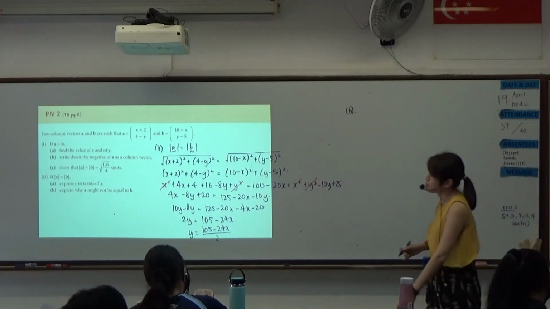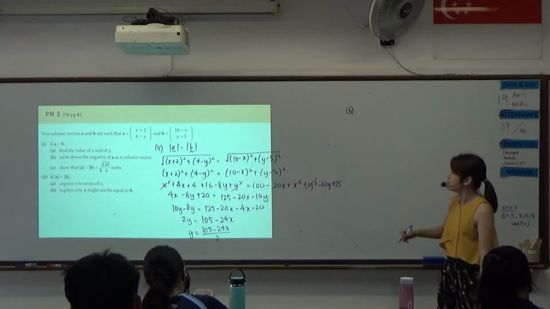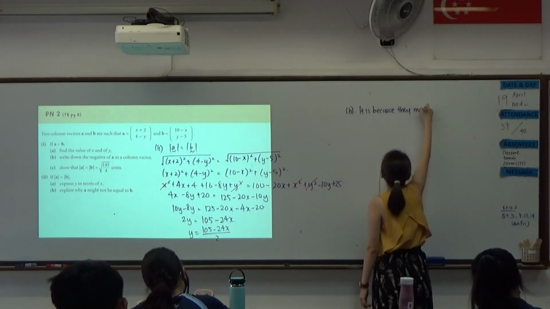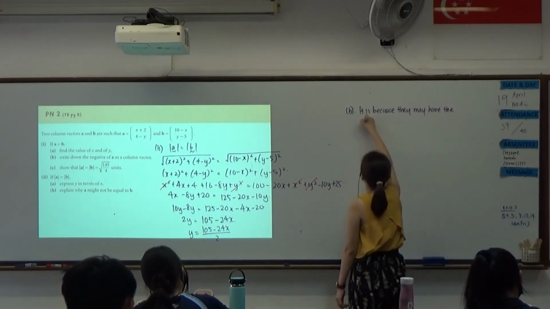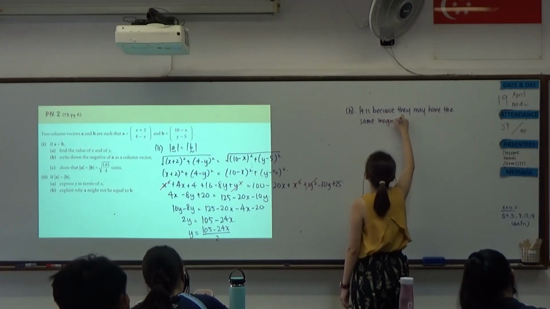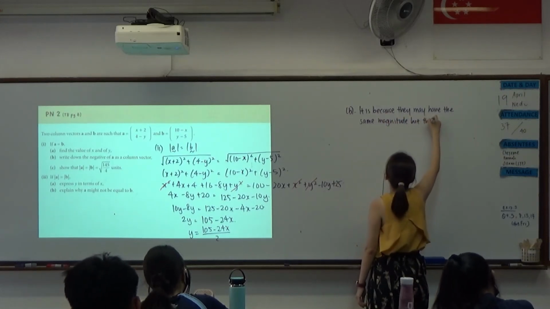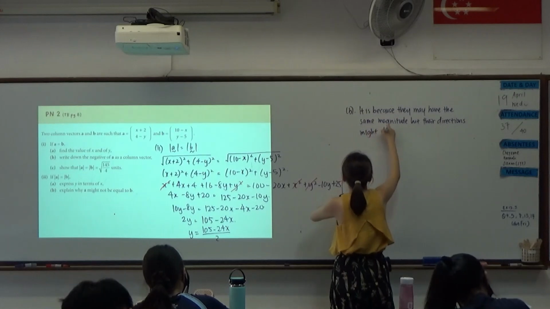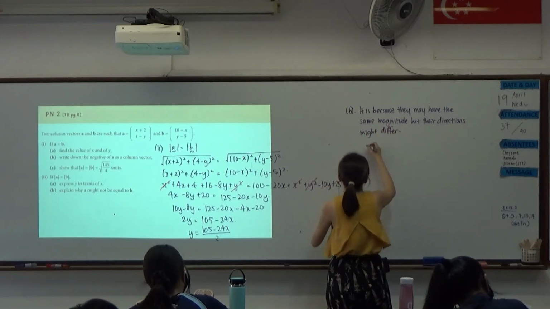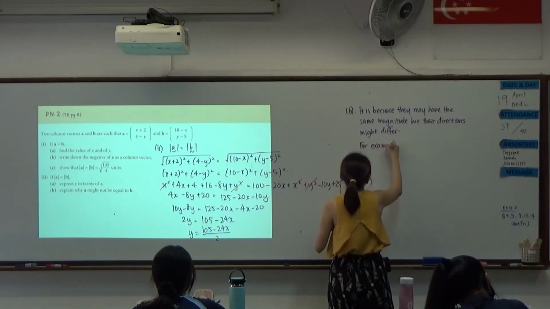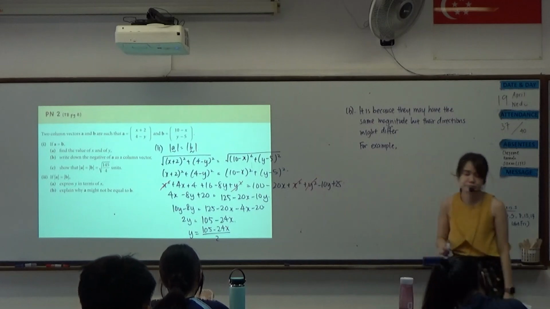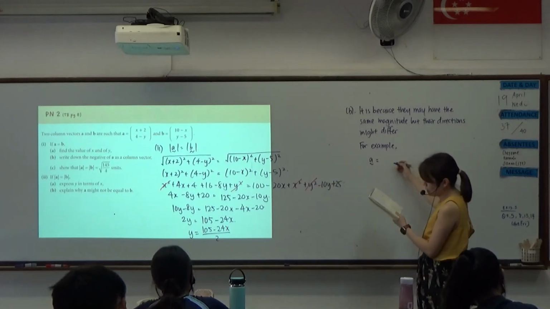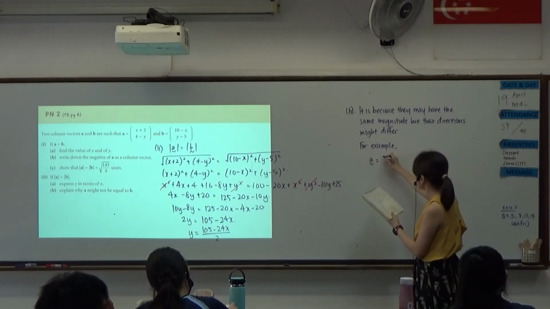So we will use that to explain for part B why A might not be equal to B. As a counter example, we could consider a case whereby A is following what we got in part I, that is 6 and negative half.